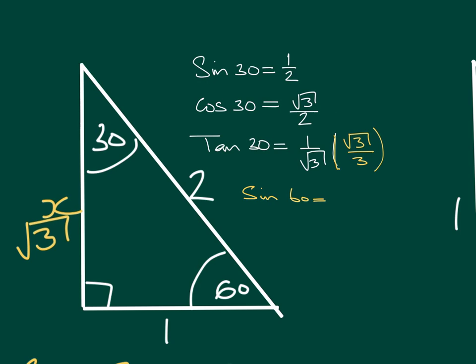So that's going to be root 3 over 2. Cos of 60 degrees is going to be adjacent over hypotenuse, so a half, and tan of 60 degrees is opposite over adjacent, so then that is just root 3. You can put it over 1 if you like, but that is it, and that's done.